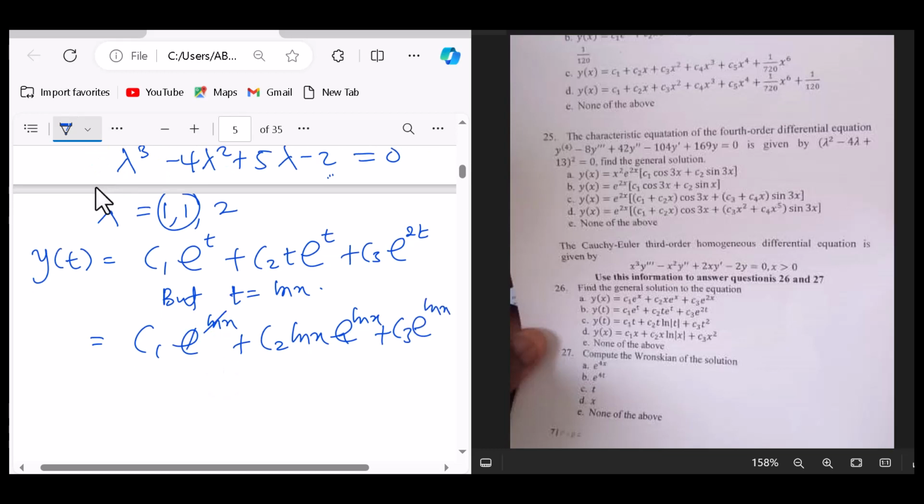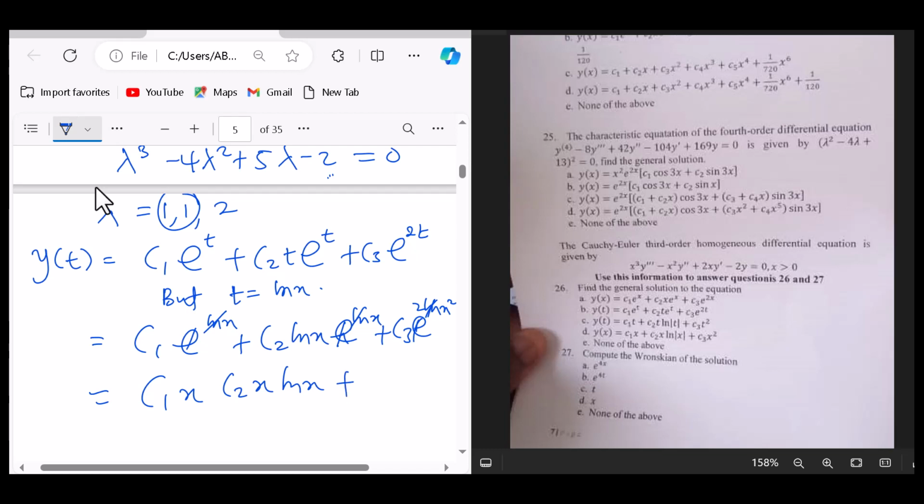So this and this will go. That will mean we have c1 x. This and this will go, we have c2 x ln x. Sorry, there's a 2 here, so the 2 will come here, and this and this will go.